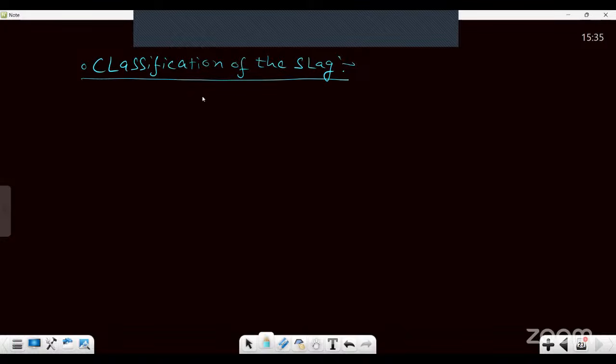Now, when we talk about the classification of the slag, before I go into it, there is something we need to discuss, which is the silicate degree. So what is silicate degree?